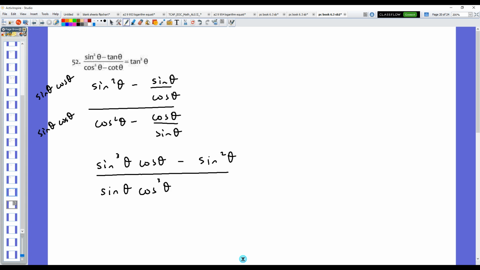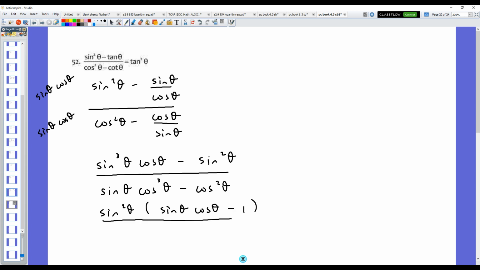And sine cosine with a fraction with sine on the bottom cancels the sine, leaves you with a cosine and the other cosine, cosine squared. And that is factorable. We can factor out a cosine squared. So factor out a sine squared on top, leaves me with a sine, a cosine, take away a 1.